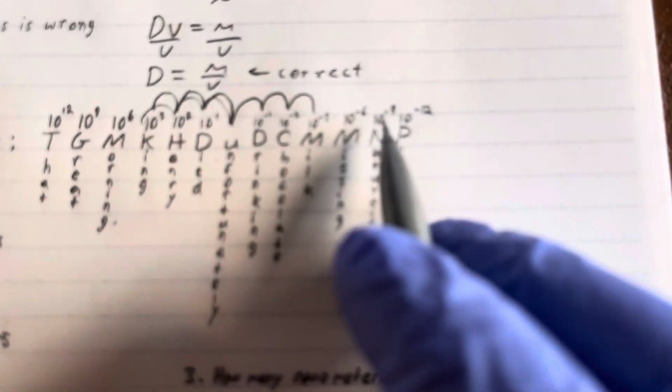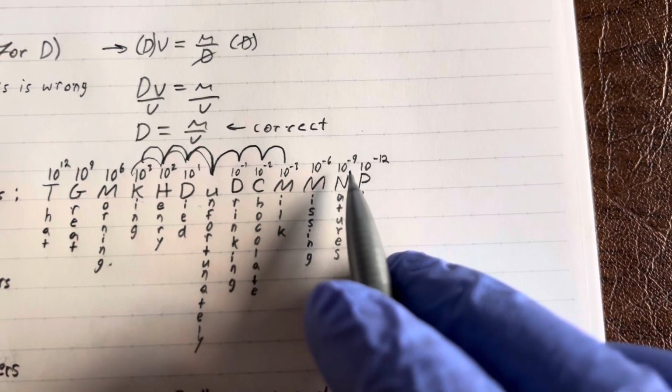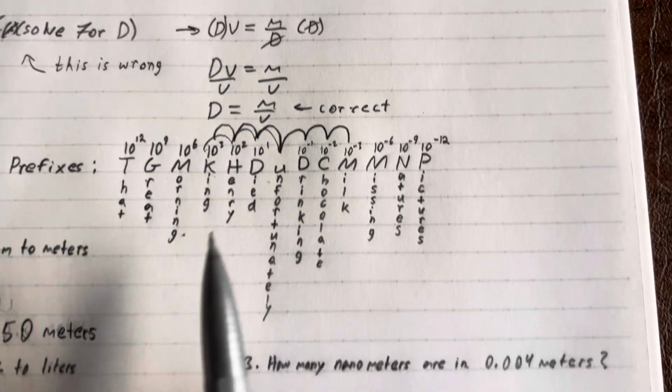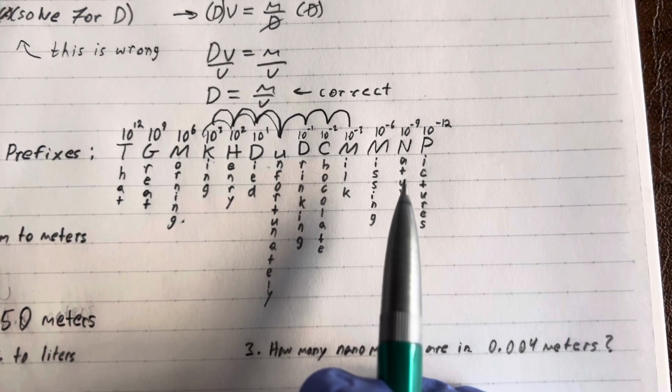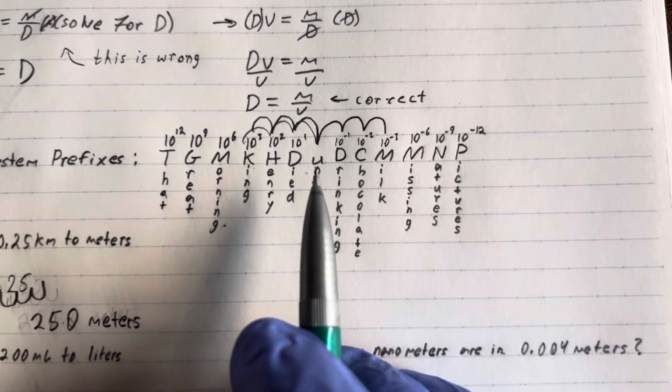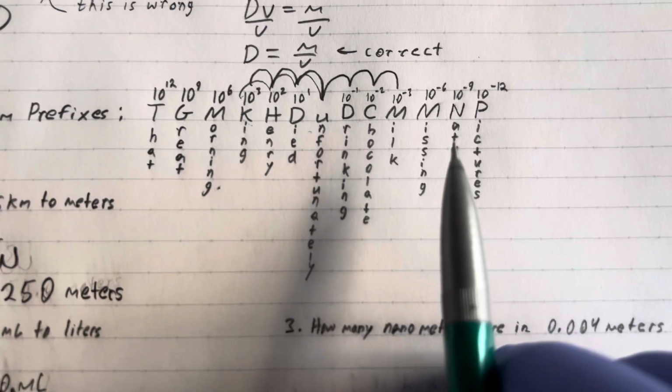The exponent correlates to how many places you move in that direction. We're going to move 9 places to the right, because we're going from the base unit to this prefix. If you're traveling from the base unit to a prefix, you just follow the exponent in whichever direction it goes.